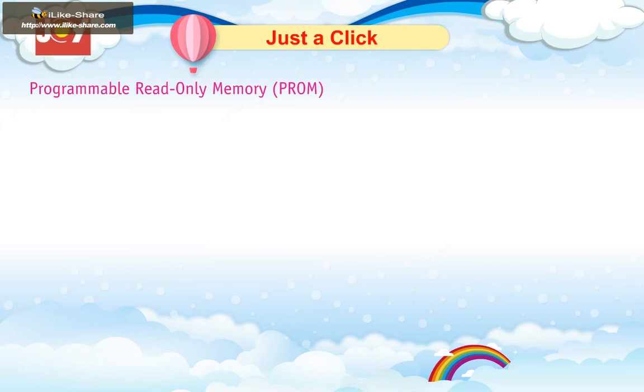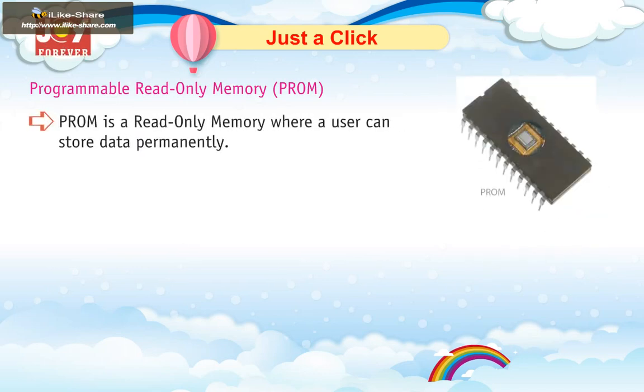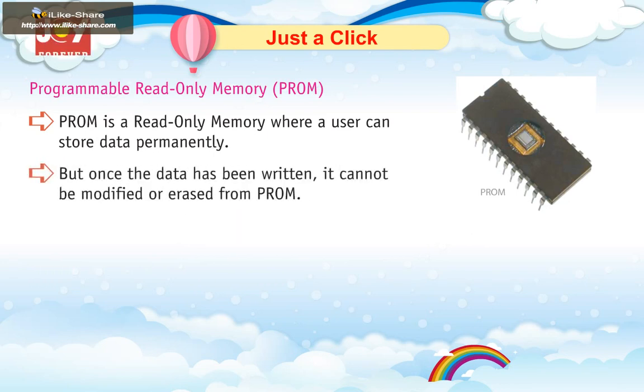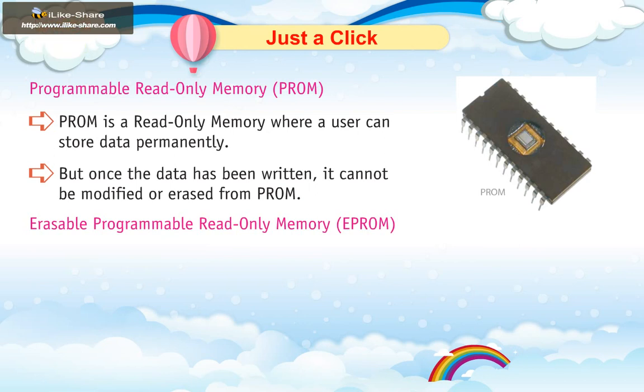Programmable read-only memory. PROM is a read-only memory where a user can store data permanently. But once the data has been written, it cannot be modified or erased from PROM. EPROM, erasable programmable read-only memory.